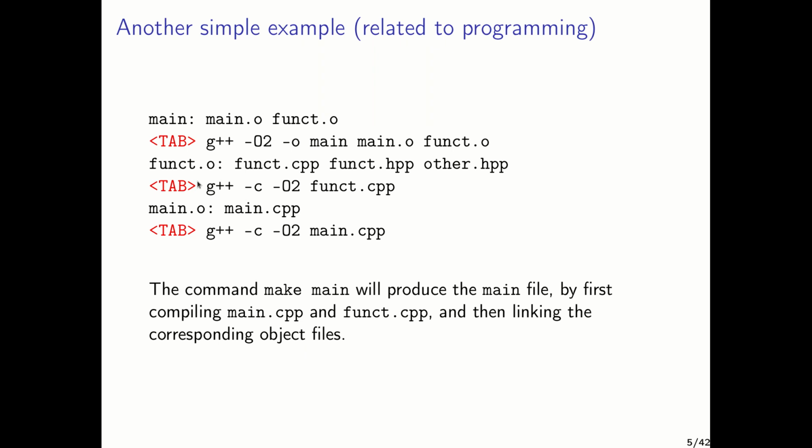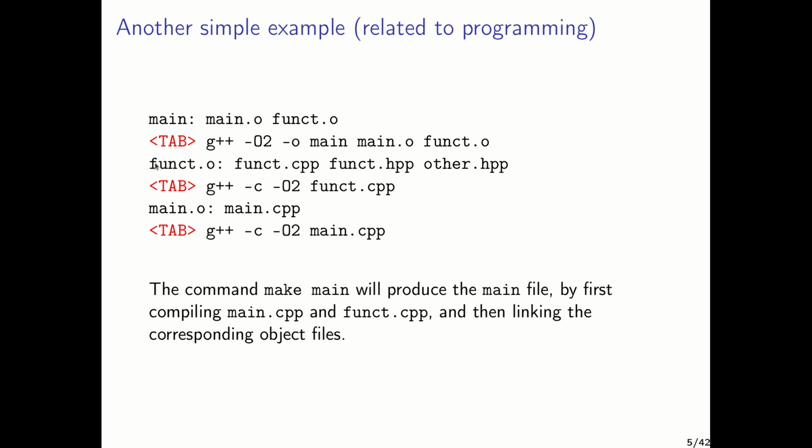This is instead an example more familiar, related to programming. I'm saying that a program called main depends on main.o and func.o, and to produce main from those two files, I have to launch the compiler, more precisely in this case the linker, with optimization -O2, the output file main, and the two files that have to be linked together, main.o and func.o. func.o depends on func.cpp, the source file, and two other files, two header files.